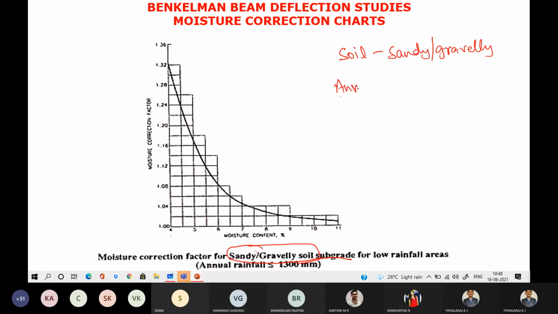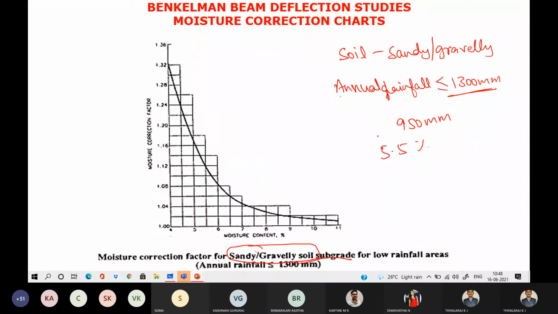What is the rainfall for this graph? Annual rainfall less than or equal to 1300 mm. What is our rainfall in the problem? 950 mm, which is less than 1300, right? Yes, sir. Now our moisture content is 5.5%.